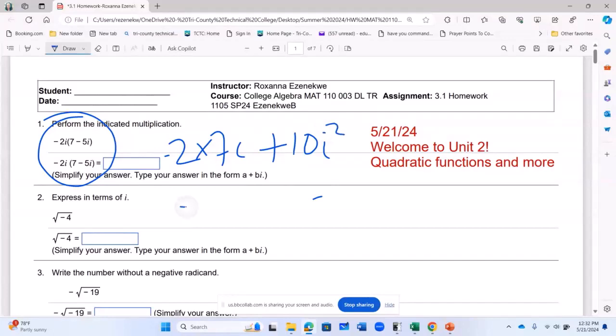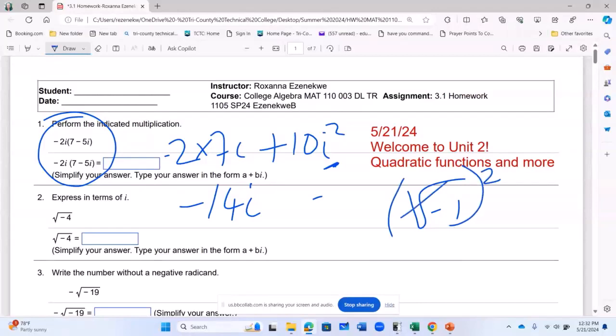All right, so now I have -14i, and i squared is -1. If I have the square root of -1 and I square it, it cancels the radical. I have -1. So I have -10 remaining here.